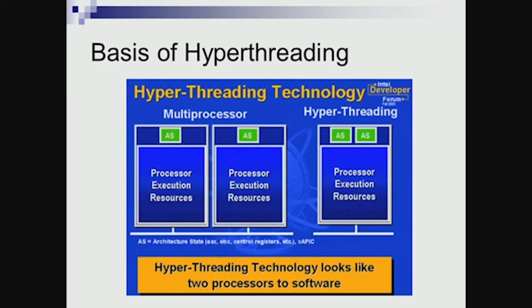In the context of having one integer program and one floating point program, there will be two different architectural states, of course, for each of these processes, but the processor execution resources will be more effectively used, because both the integer and the floating point units that are part of the single processor execution resource on the right hand side will be effectively used. So going from a multiprocessor to a multi-threading or hyper-threading environment, this served as a basic motivation.